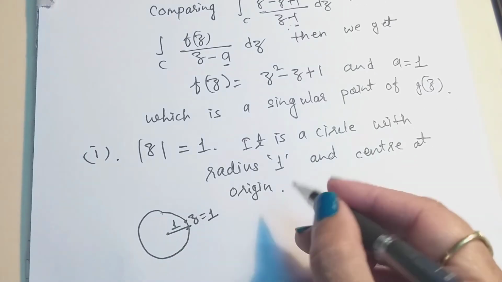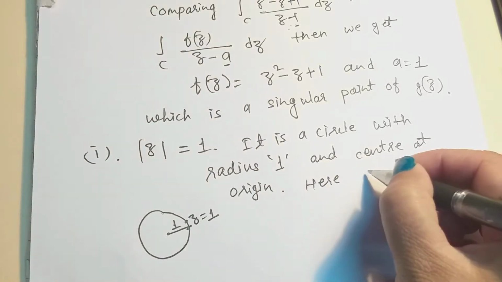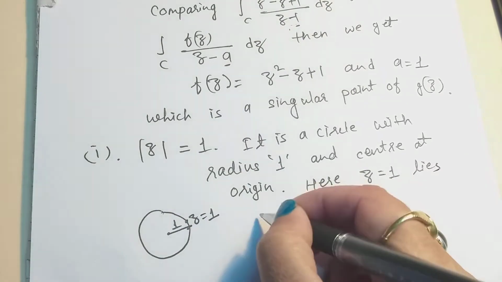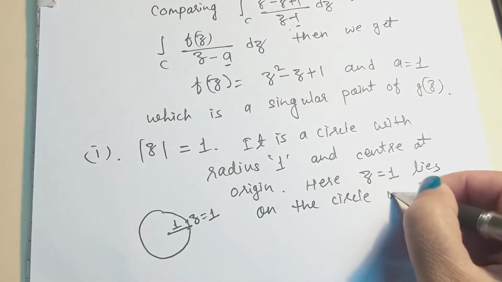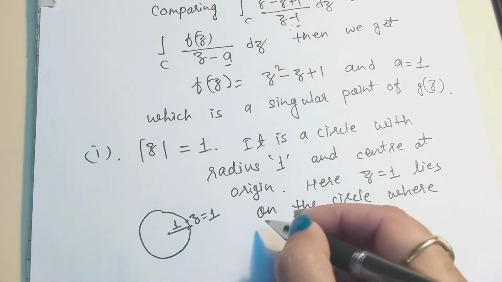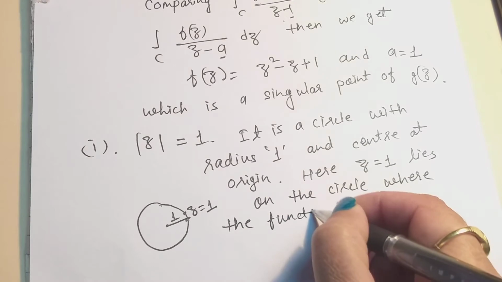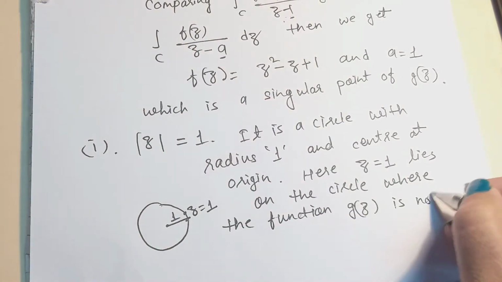Here the point z is equal to 1 lies on the circle where the function is not analytic. Which function? g(z) is not analytic.